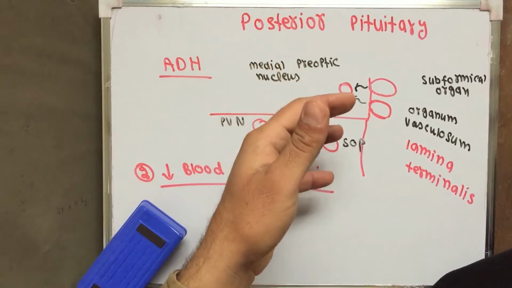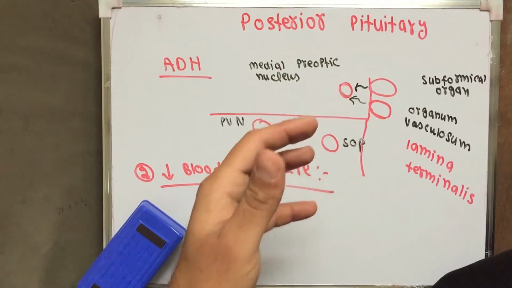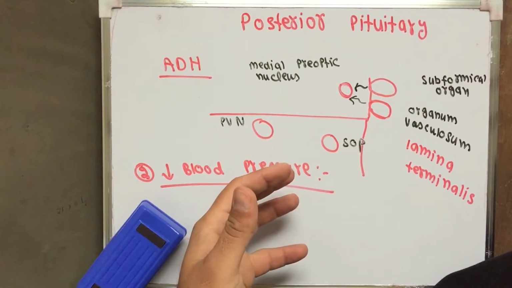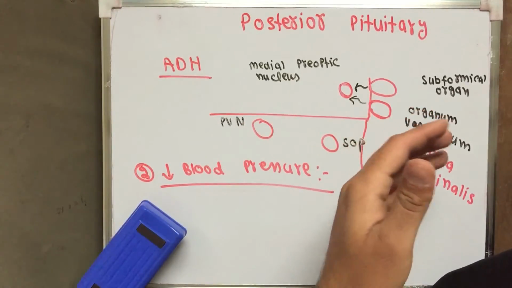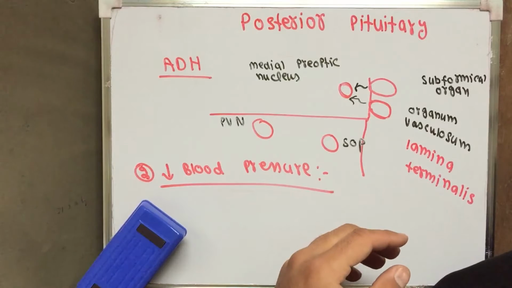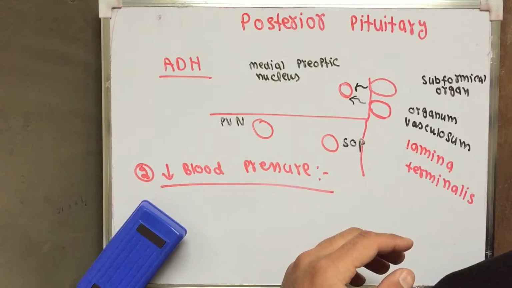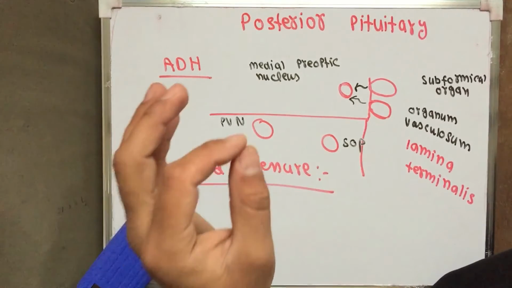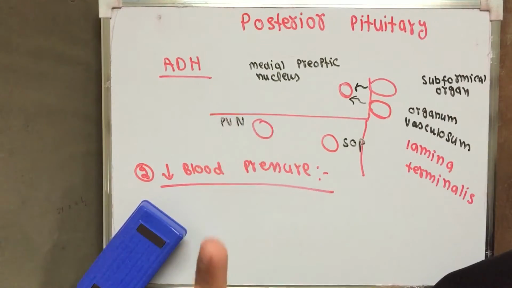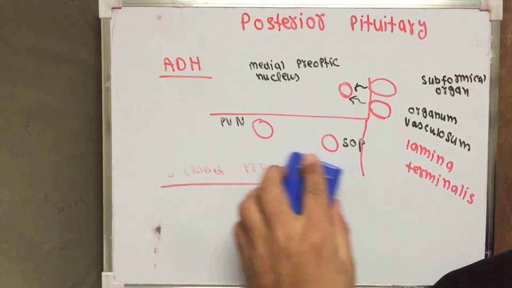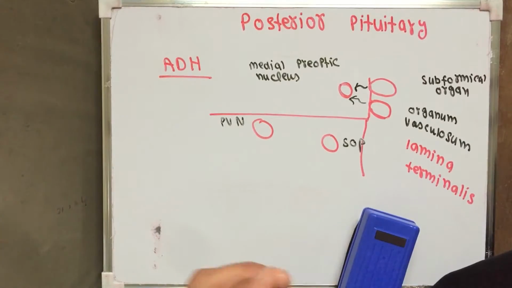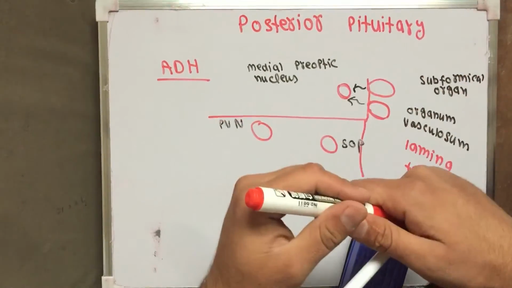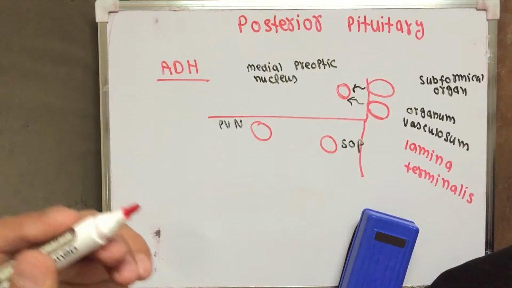By the same mechanism they activate the posterior pituitary to release antidiuretic hormone, which goes to the kidney and increases the permeability of the distal convoluted tubule and collecting duct and increases the water content of the blood. This is the second condition in which blood pressure is decreased and antidiuretic hormone is released.